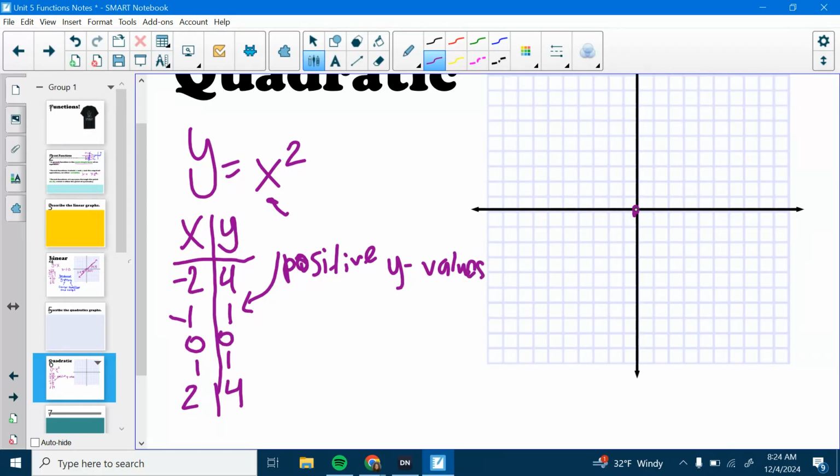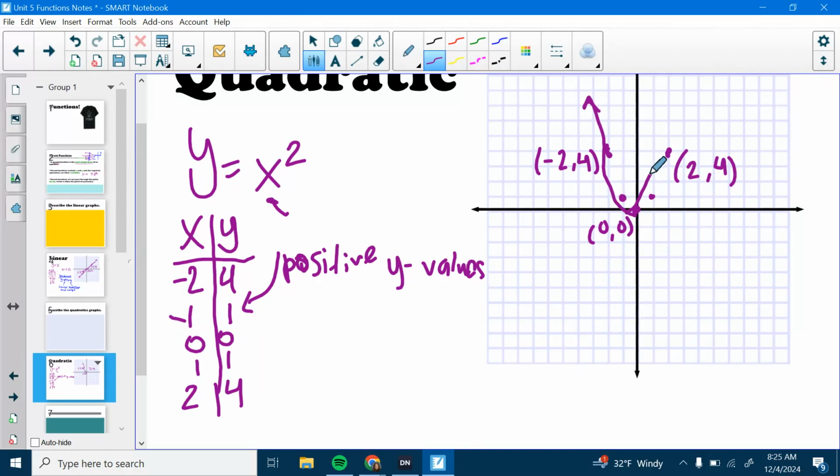When I plot these, I always am going through that 0, 0. I got my 1, 1, and my -1, 1. And then I got my 2, 4, and my -2, 4. I'm going to make sure to write those down as some key points, showing how my output is the same even though my x value is different.